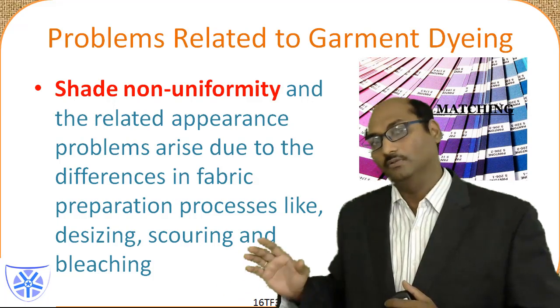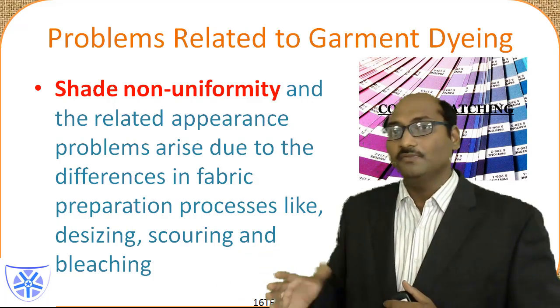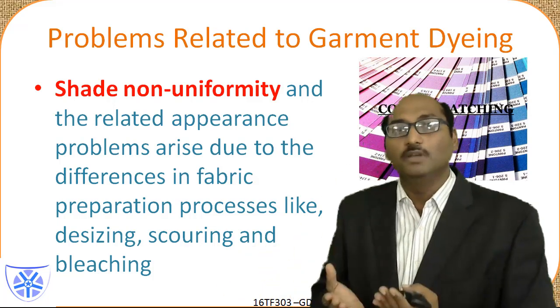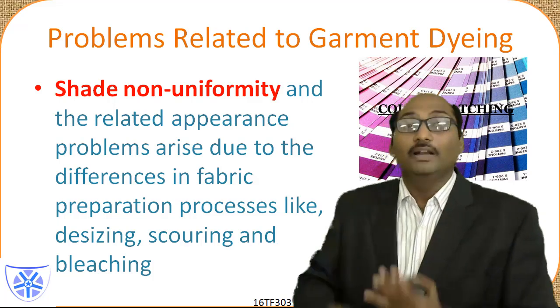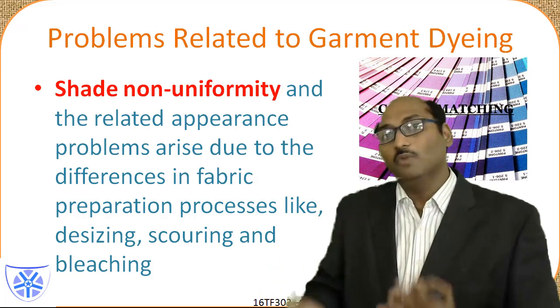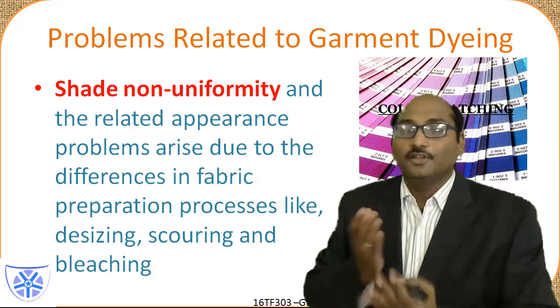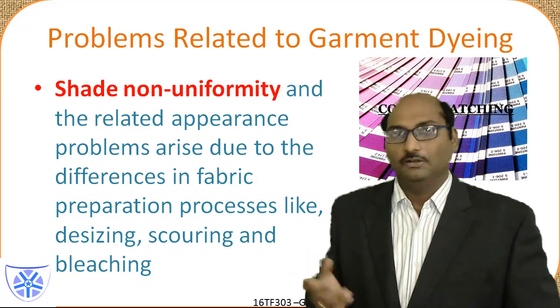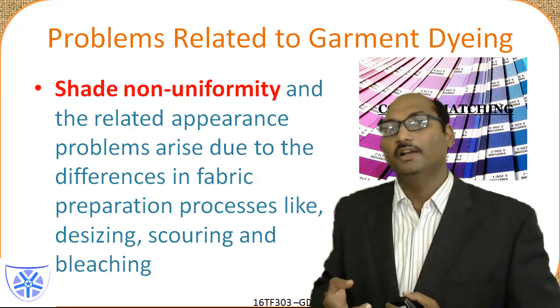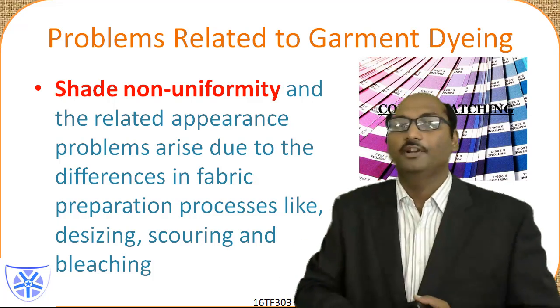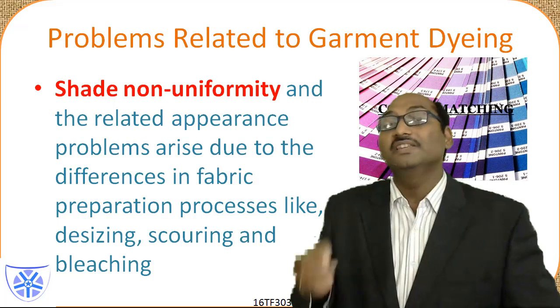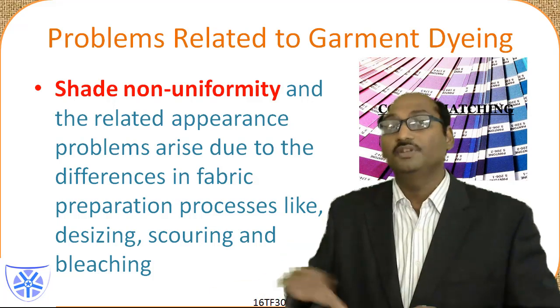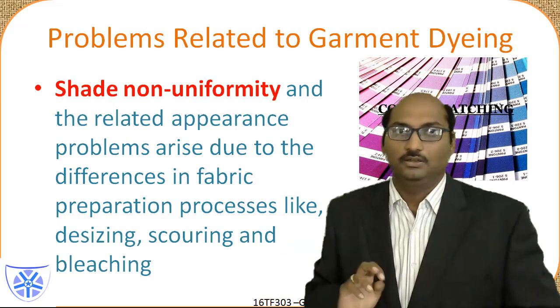To the naked eye this may not be visible in the normal condition, but later, once the dyeing is done, the shade may be slightly unmatched. So we need to take care that all the panels of a garment are taken from the same fabric. We should not use different lots for different panels.